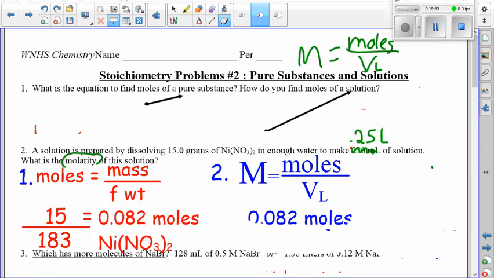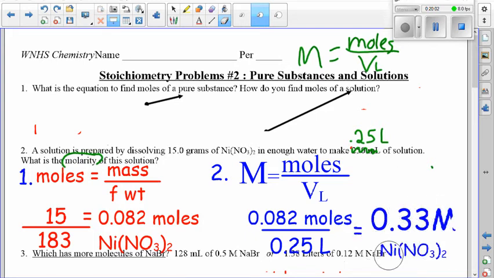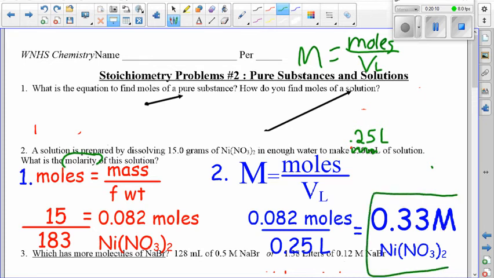They forgot. It's 0.25. If I go ahead and plug that in, I'll find that a 250 milliliter solution with 15 grams of nickel nitrate dissolved in it will be a 0.33 molar solution. I put a box around it just like that.